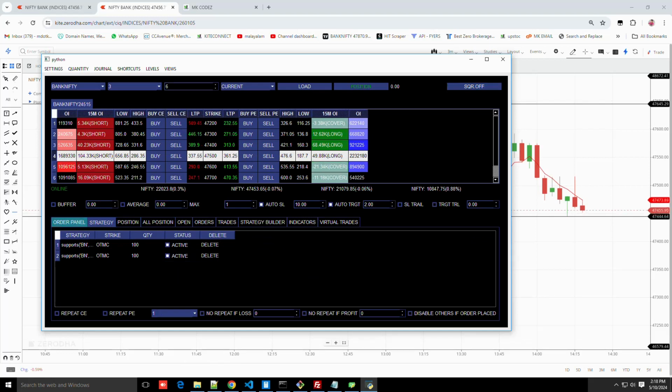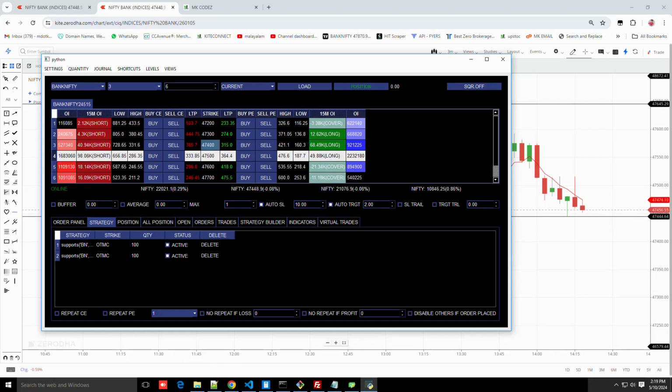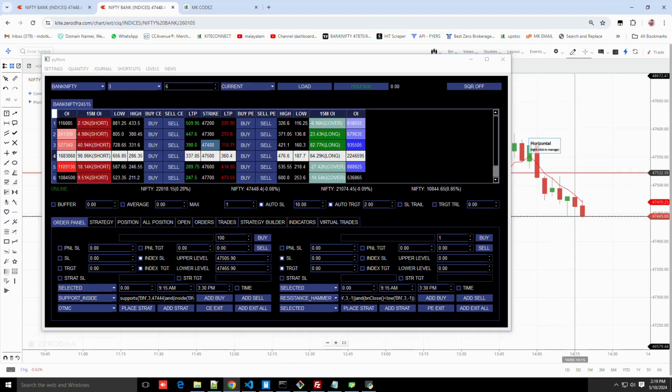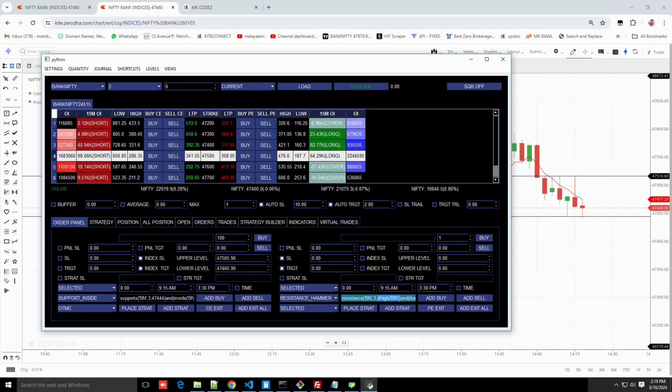Next I'm gonna add the strategy for PE side. Here resistance. Okay, you should click the resistance engulf, your resistance hammer, and here you should remove the day high value and enter our resistance level. 47516 is our resistance level.